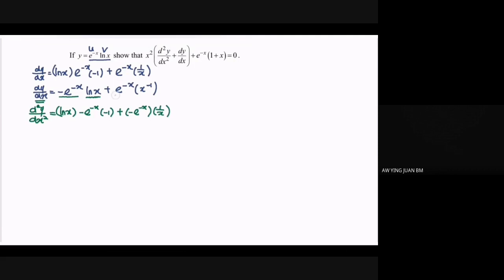Next, we are going to focus on u and this one as v, plus x to the power negative 1, differentiate e to the power negative x and we will have e to the power negative x times negative 1 plus e to the power negative x, differentiate x to the power negative 1 and we will have negative 1 over x squared.